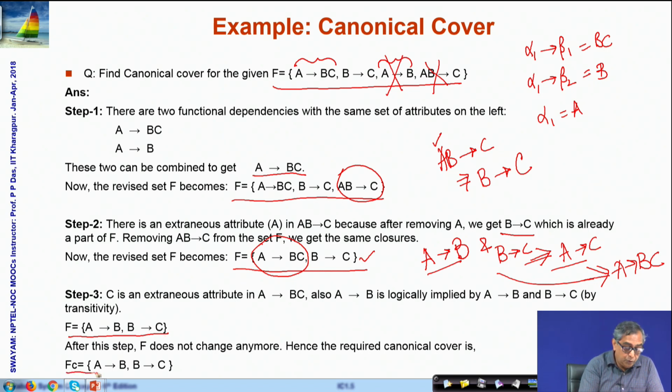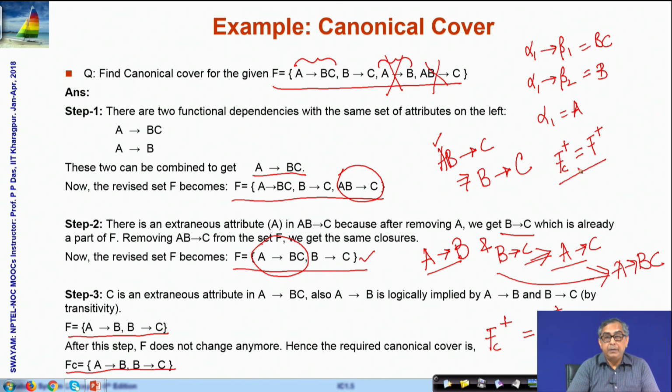So, the final set, the minimal cover or canonical cover set, which has the same closure as the original set, is A determines B and B determines C. So, what we have done in this is we have ensured that F C, the minimal cover, let me write it here, F C plus is the same as F plus.